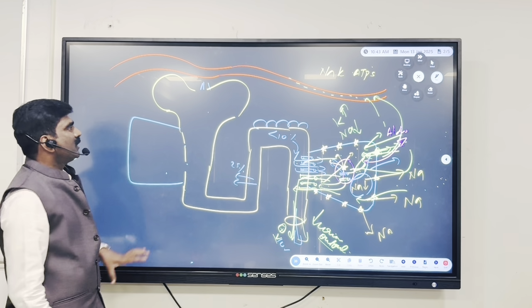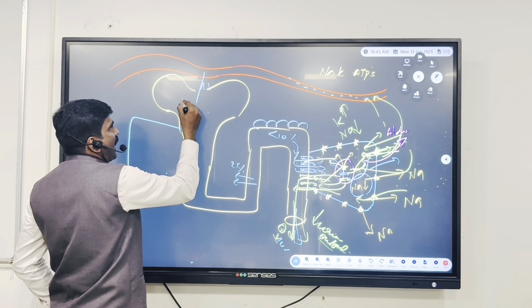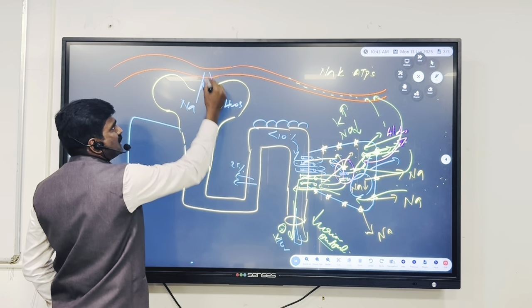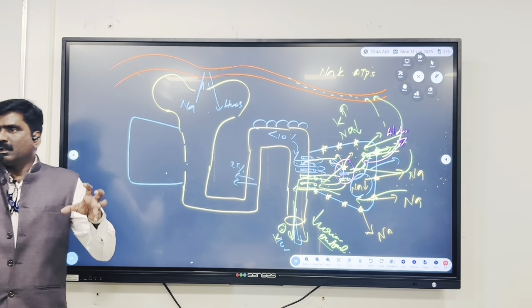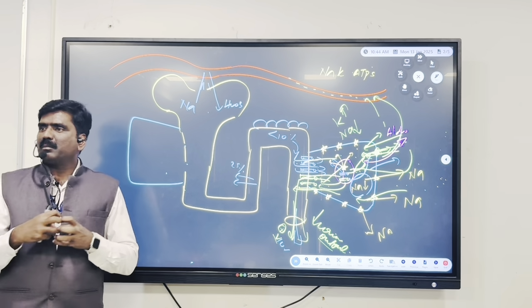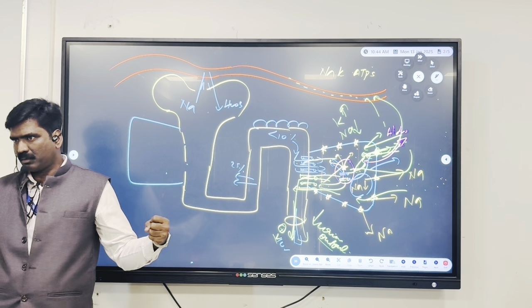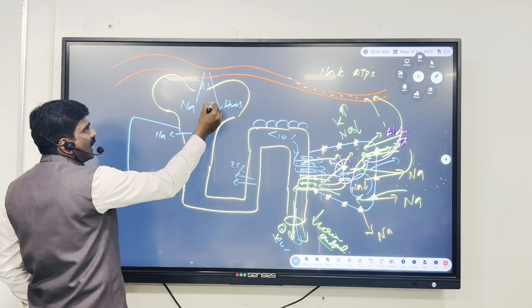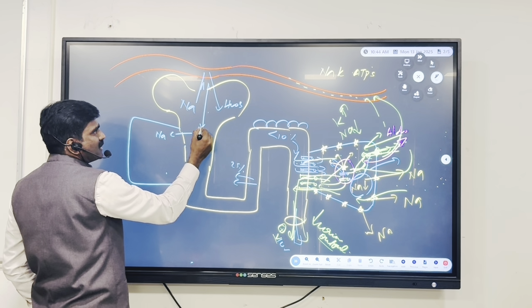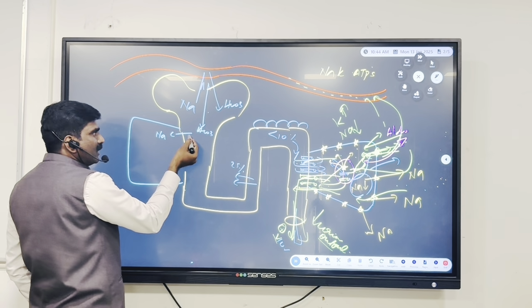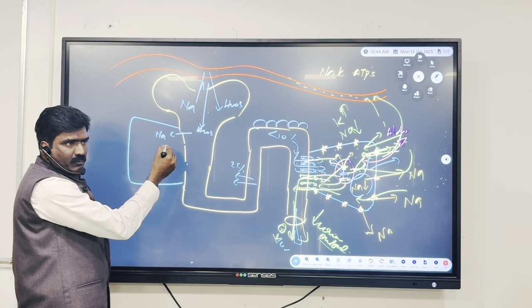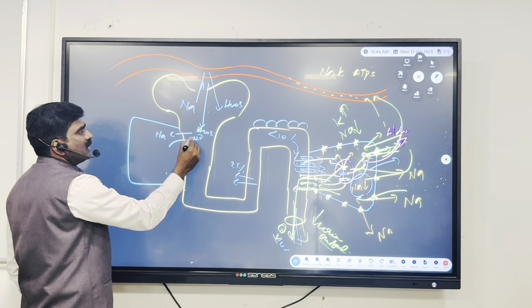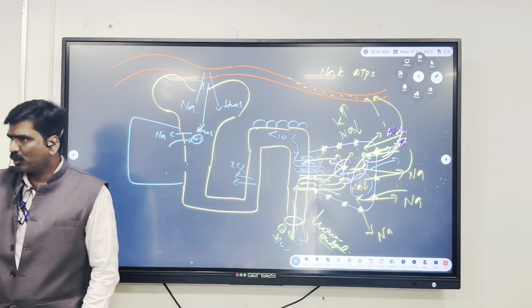What is the function of it? See, sodium and bicarb HCO3 are filtered. Sodium and bicarb are normally reabsorbed, right? Sodium will enter into the cell, and when sodium is going out, hydrogen proton will enter into the proximal convoluted tubule.